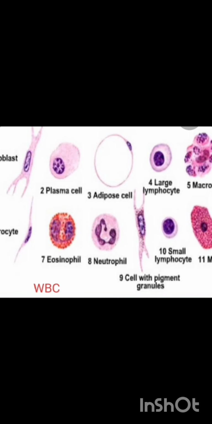WBCs are of two types, granulocytes and agranulocytes. Granulocytes have irregular shaped nuclei and cytoplasmic granules. They include the neutrophil, basophil, and eosinophil. Agranulocytes lack cytoplasmic granules and include the lymphocyte and monocyte.